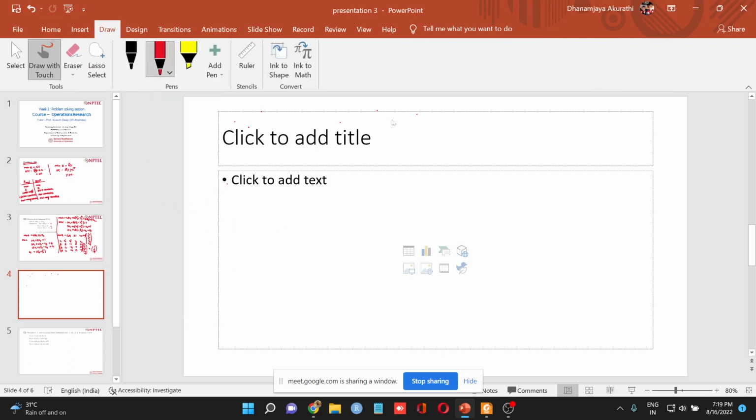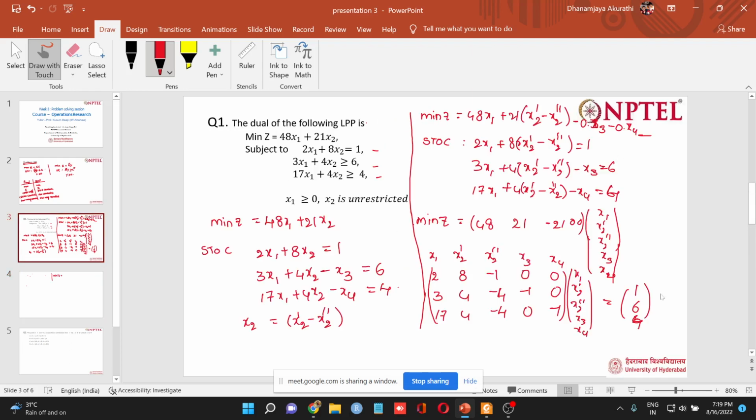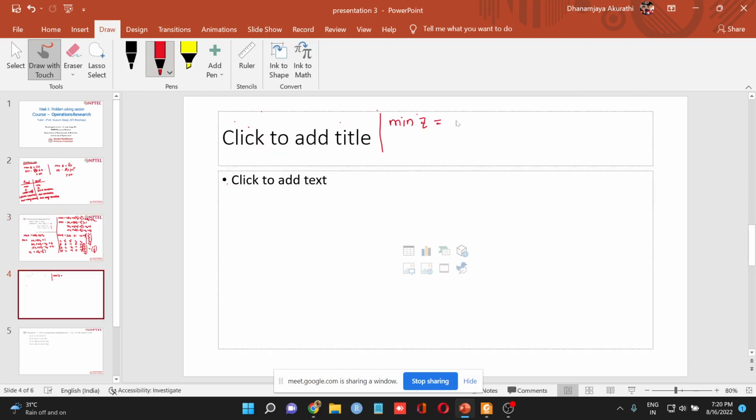In the RHS side, the constants are 1, 6, and 4. So the objective would be 1 y1 plus 6 y2 plus 4 y3.